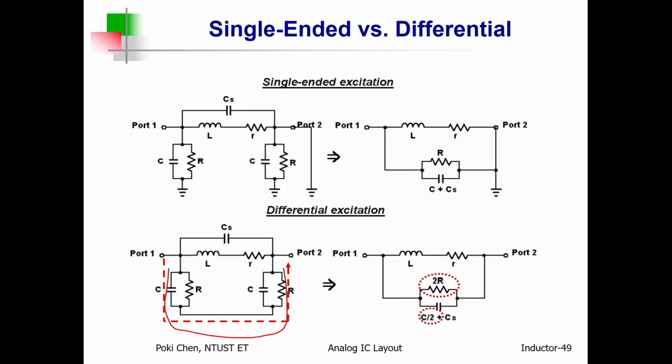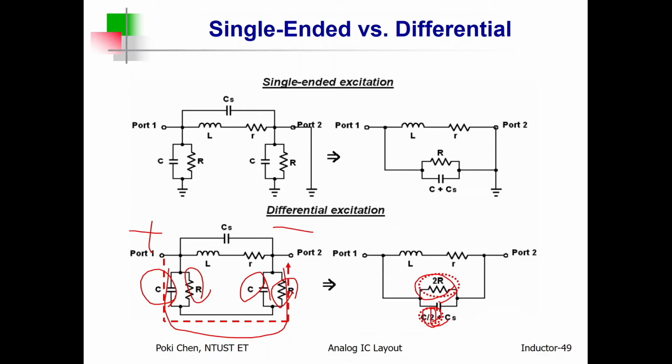Anyway, anyhow, you can see according to the current flow, for example, positive here, negative here, then R and R are connected in series. Then you have 2R. The same for C and C connected in series, but serial connection for capacitors will reduce the capacitance by 50%, right? To increase the capacitance, they need to be connected in parallel instead.